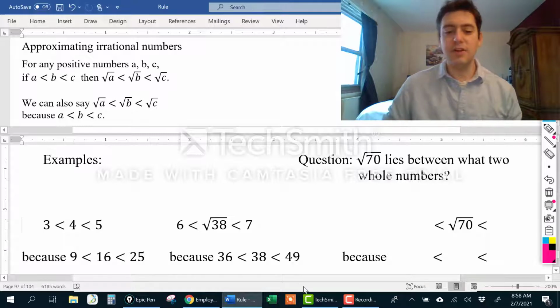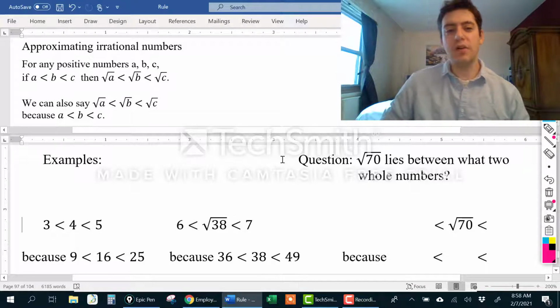Okay, and keep in mind here, 36 and 49 are perfect squares, but 38 is not. But we can still say that the square root of 38 is in between 6 and 7 because 38 is in between 36 and 49.